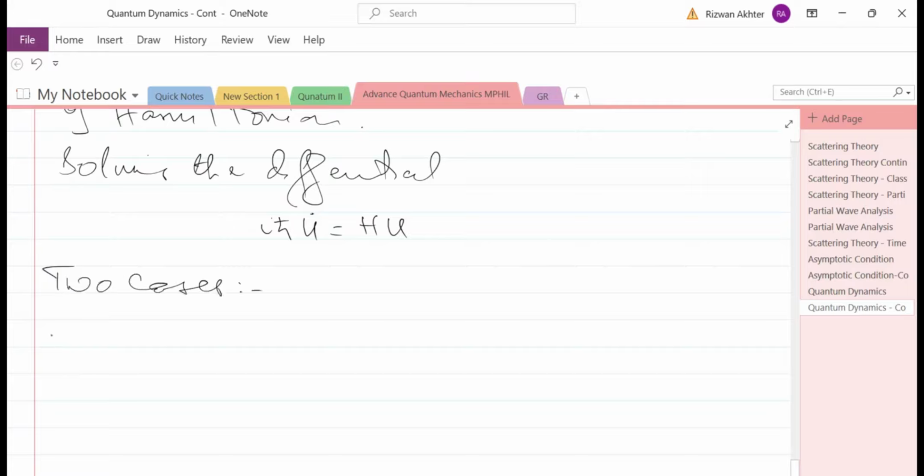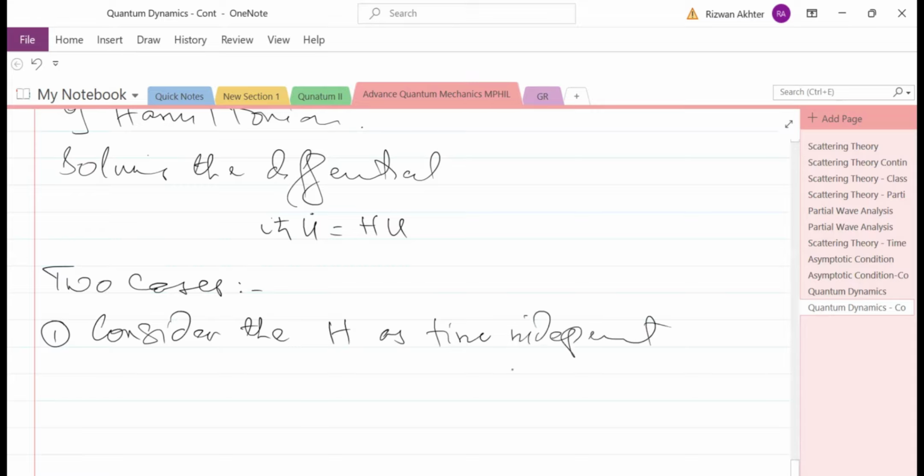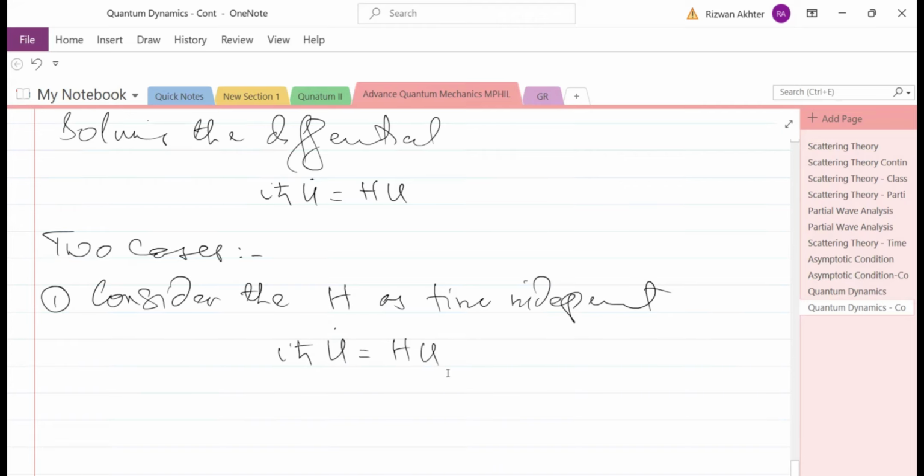We have two cases. Number one, where we consider the Hamiltonian H as time independent. And so one could write this equation as iota h bar u dot equals H u. And let's say we consider that H and u are numbers.